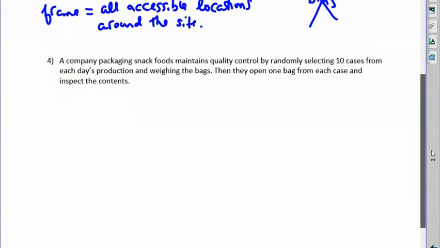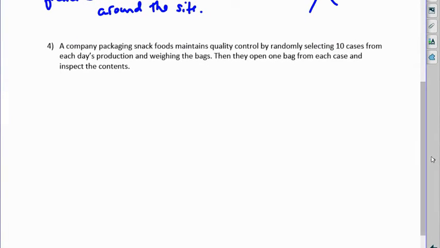Okay, so this company is going out and packaging food snacks. They're trying to maintain quality control by selecting 10 cases of their food snacks. They'll pick the whole case, and then they're going to take the bag from each case and inspect the contents.